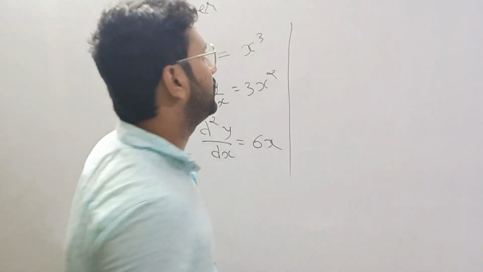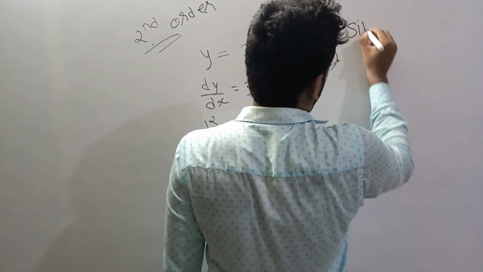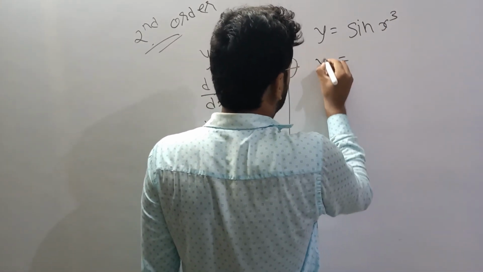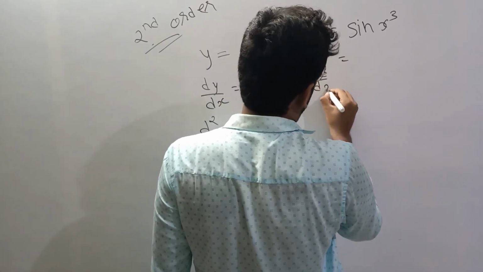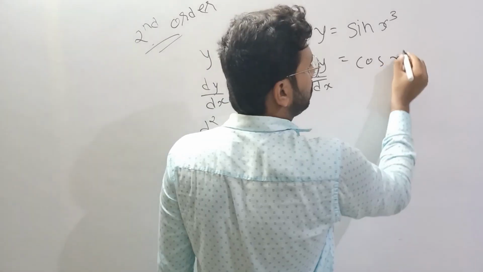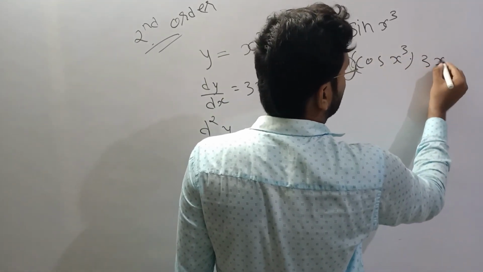So now let me take another example. y is equal to sin x cube. The first order derivative will be cos x cube into 3x square.